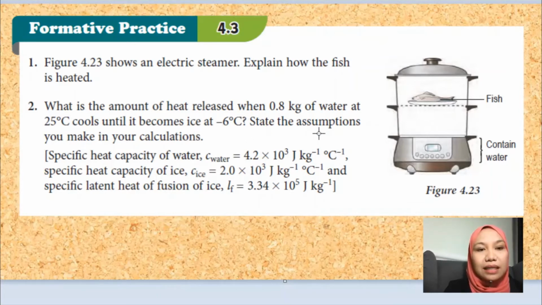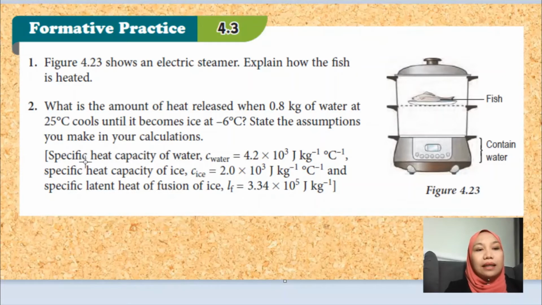Now, state the assumptions you made in your calculation. What are our assumptions? We need to find the amount of heat released and we need to state the assumptions in our calculation.